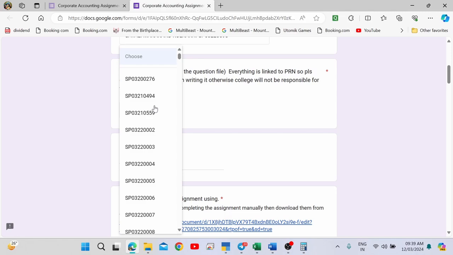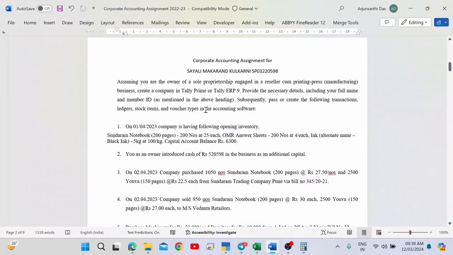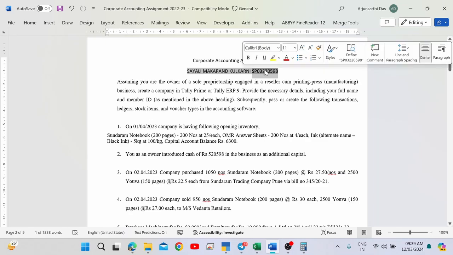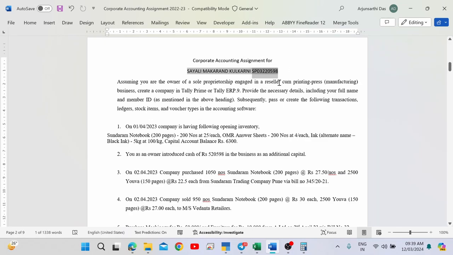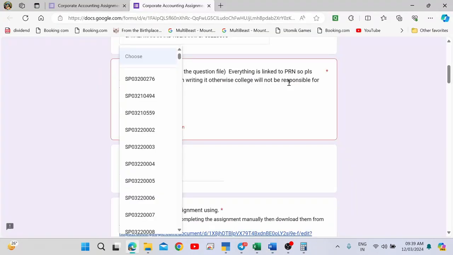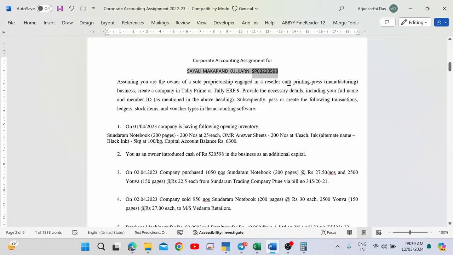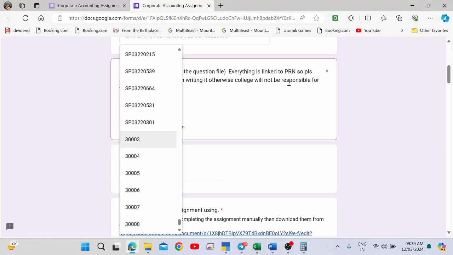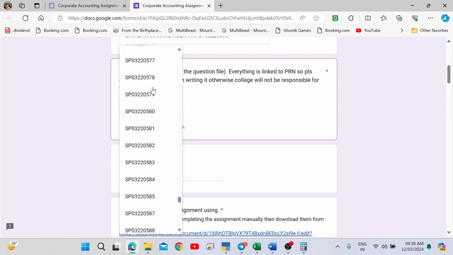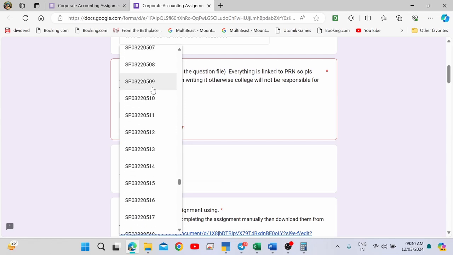I'm searching SP0322, 0598. This is also sorted by your PRN.